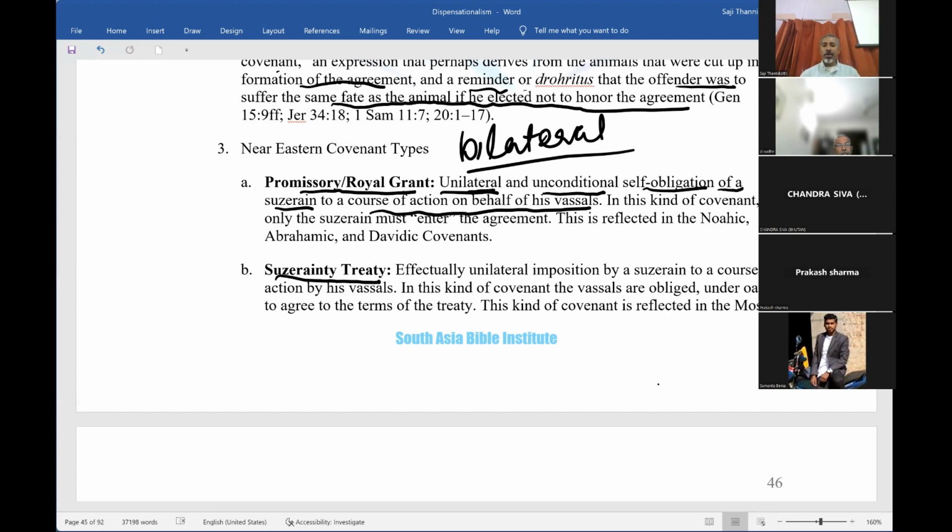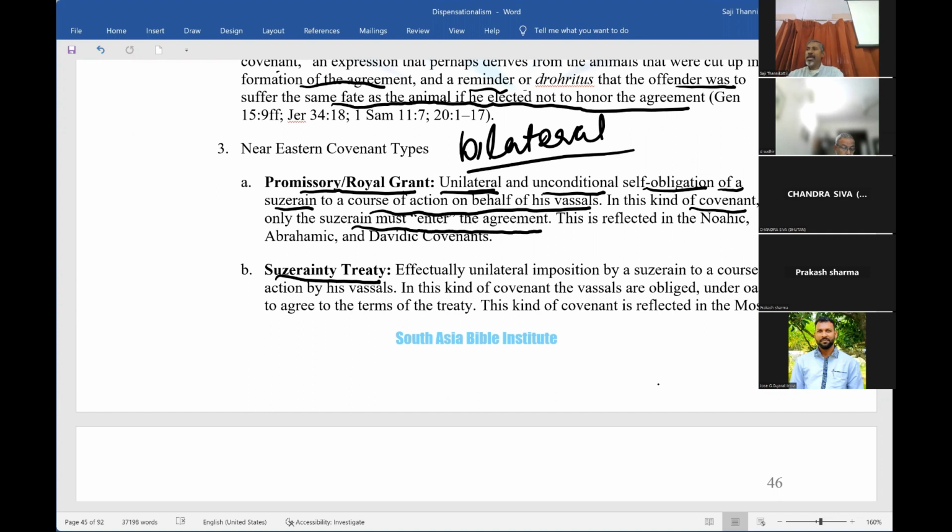What is a promissory royal grant covenant? It is a lord promising something for his people. In this kind of covenant, only the suzerain must enter the agreement, not anybody else. For example, maybe your prime minister comes to your area and says, I am going to build a bridge for you across this river.